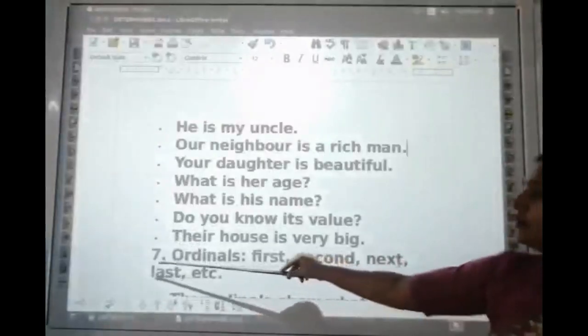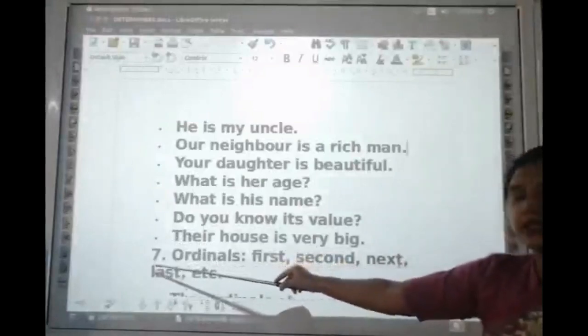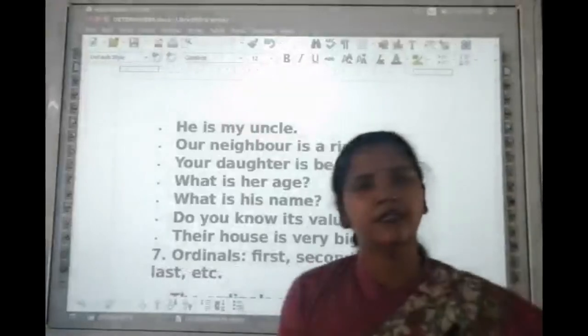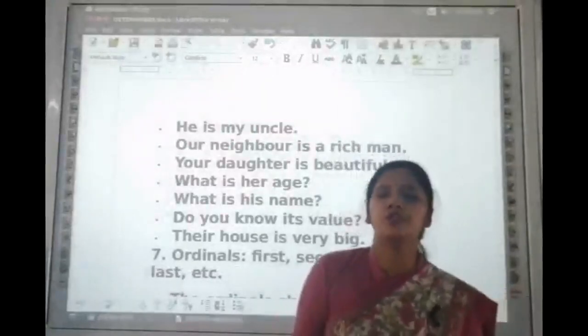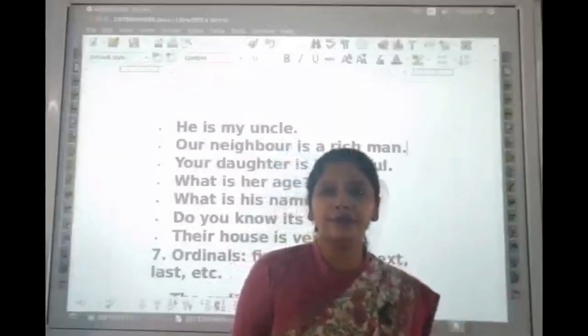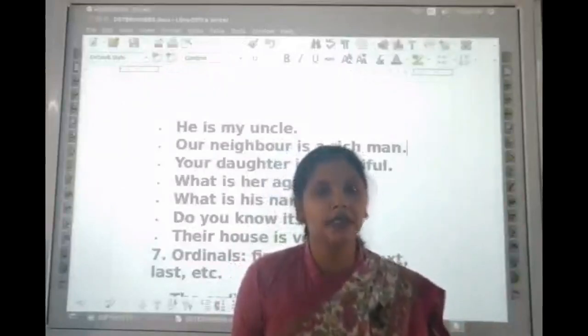Now we are on the next determiner, number 7, ordinals. Ordinals are very easy. When we give a position to anybody in the form of first, second, third, fourth, fifth, these are called ordinals.